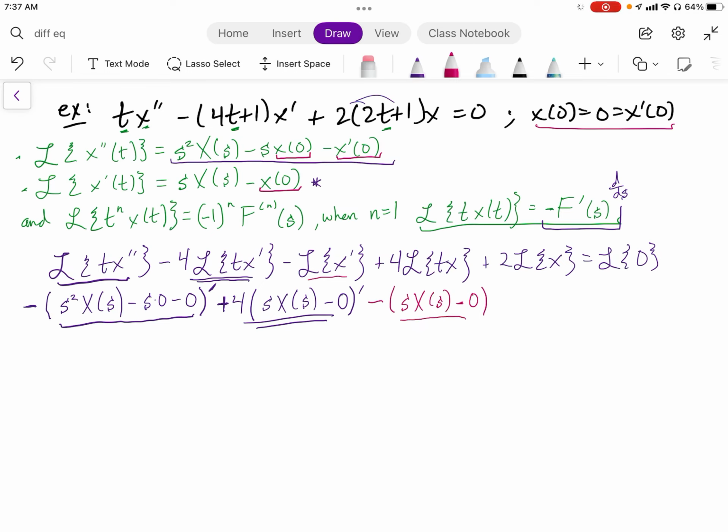Okay. Plus 4 Laplace tx. So now we'll do this piece. Plus 4. Okay, Laplace of x is just x of s. But we have the t.